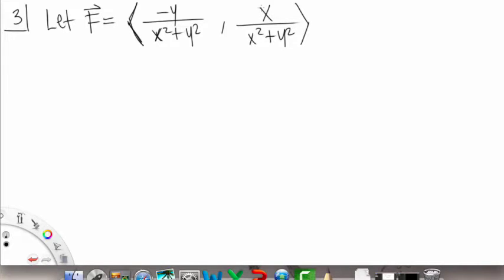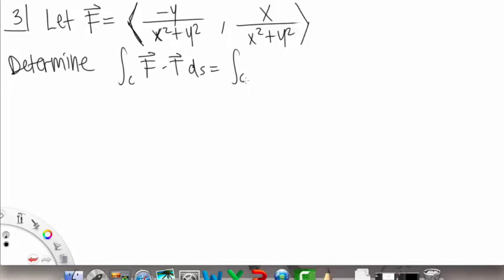So this is our vector field, and the next part is the meat of it: determine the line integral, F dot T ds, or if you think of it like this, F dot ds vector, of the following curves.